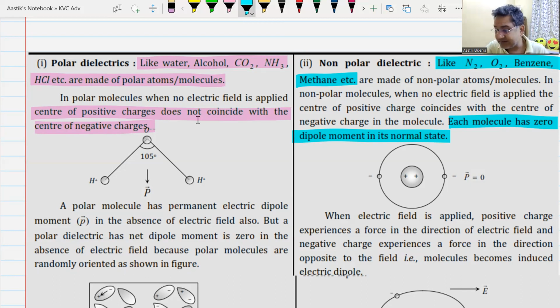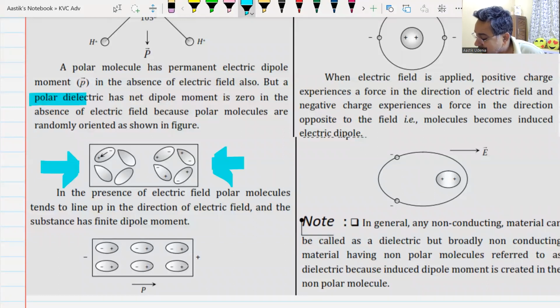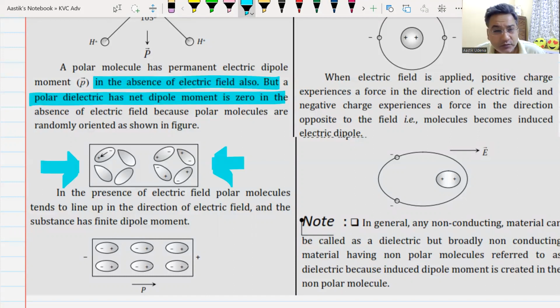All these dipoles are in random directions, as you can see in this diagram. So the net dipole moment in the absence of an electric field is zero, whether it's a polar dielectric or a non-polar dielectric.